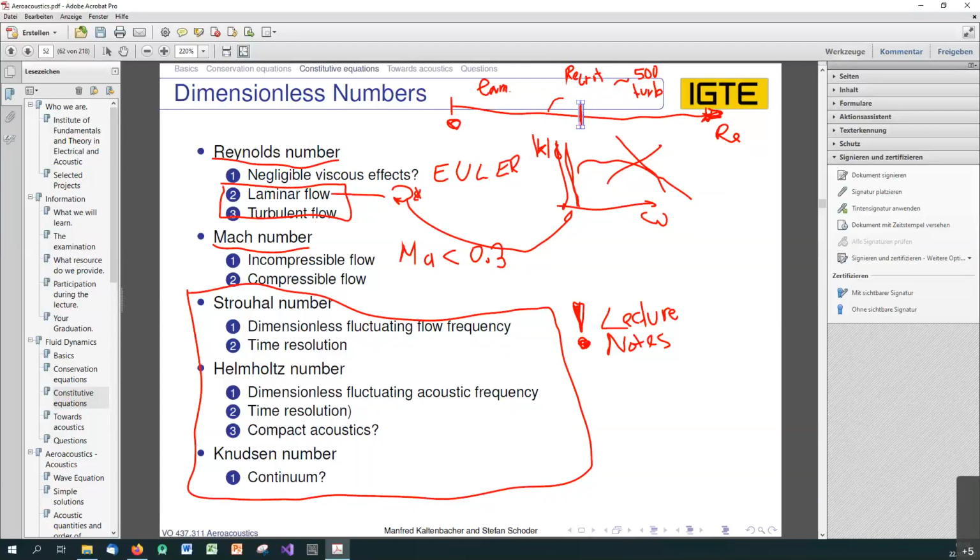This transition is kind of fuzzy, there is no precise definition, so it's a transition zone. You're fine with that? Yeah, thank you.